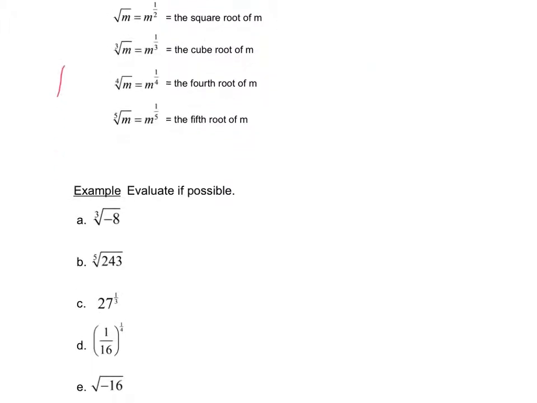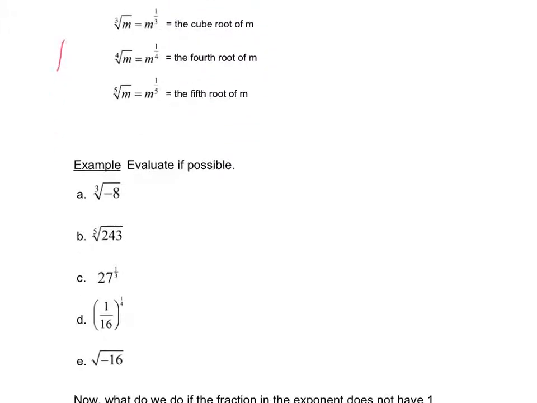Now, let's go through a few examples here. It says evaluate if possible. So the cube root of -8, that would mean what number could I multiply by itself 3 times to get -8? And that number is -2, because -2 times -2 times -2 is -8.